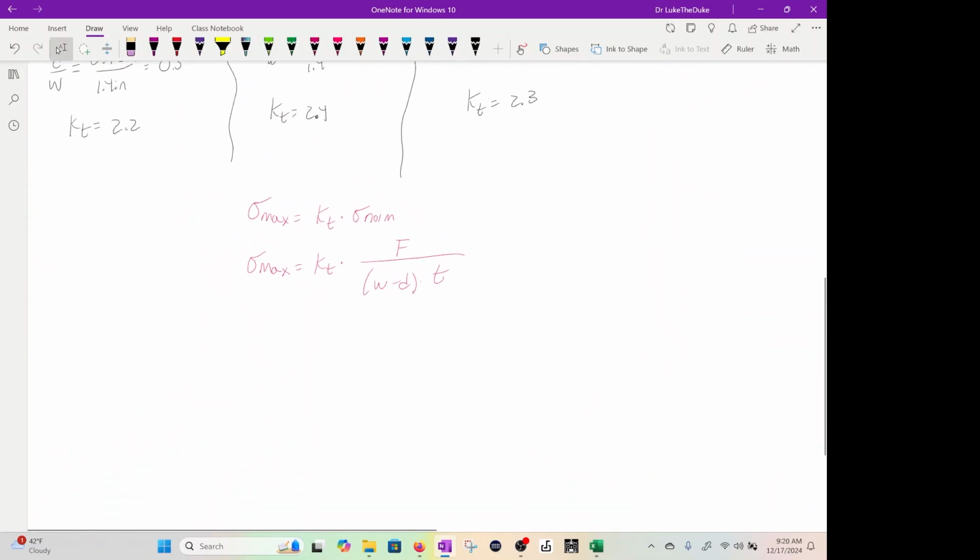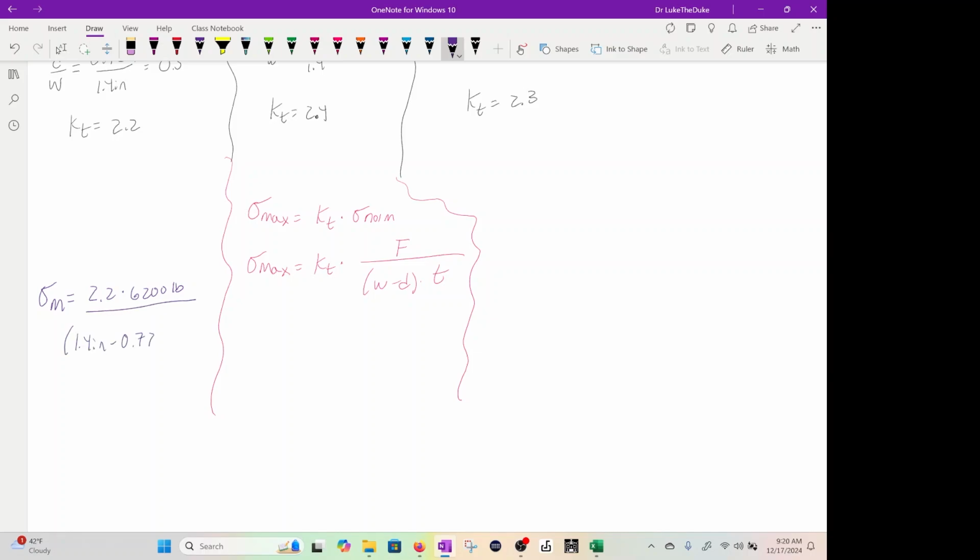Let's calculate these for each case. I'll just call it sigma m. We got 2.2 times 6,200 pounds divided by 1.4 inch minus 0.72 inch times 0.5 inch. Sigma m, you get 40118 psi. Then sigma m here, 2.4.